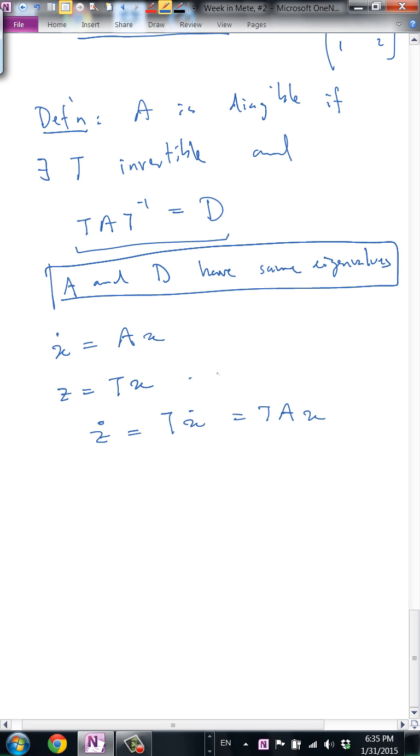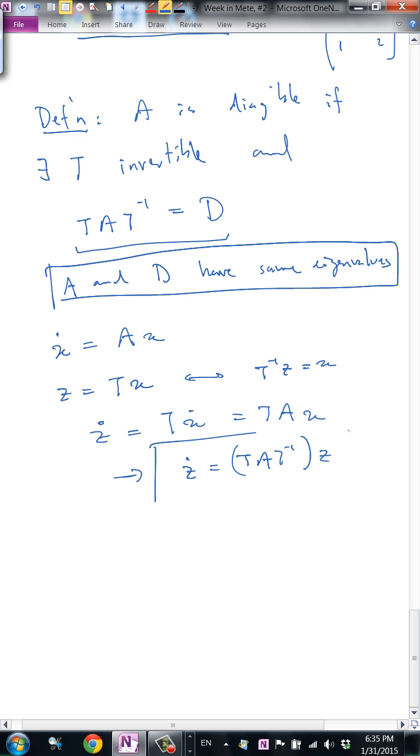And if z is equal to Tx, that's the same as writing that T inverse z is equal to x, and therefore we get that z dot is equal to TAT inverse times z. So this means that T is the kind of operation that maps one system to the other, preserving every physical characteristic about it. It's just a change of representation.